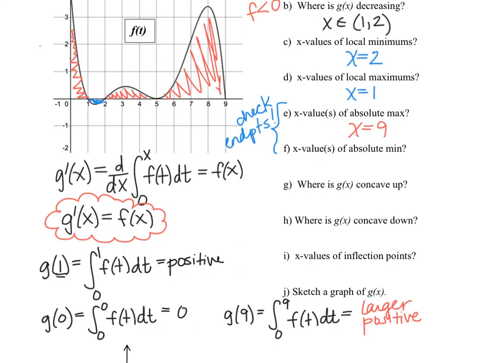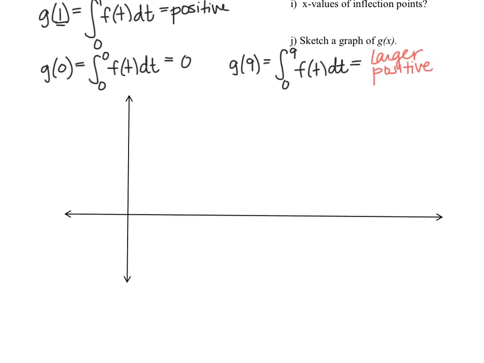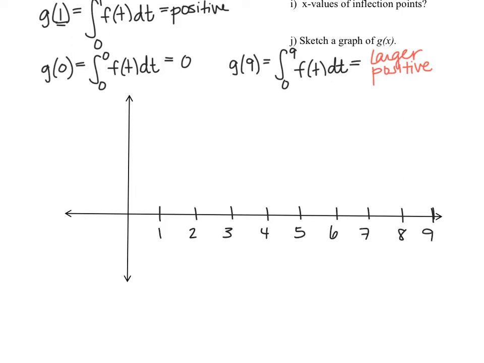So I'm going to go below just for a second here, and I'm going to go ahead and include my tick marks along the x-axis, and we need 9 of those. So I'm going to spread mine out nicely, and I recommend that you do the same. And let's begin to plot what we have so far.